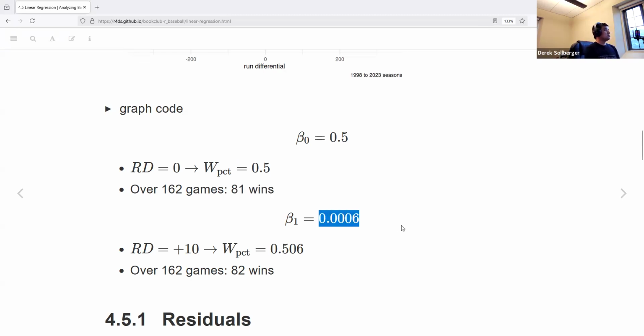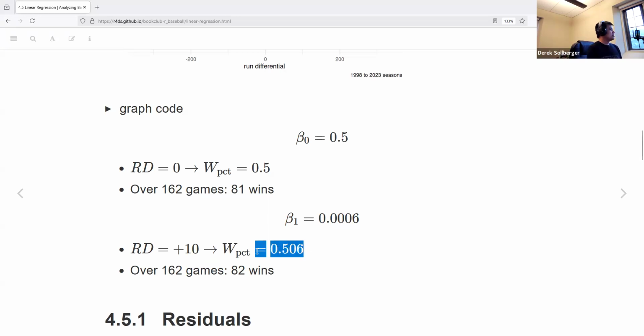Now for the slope, this is the change in win prediction based on a 1 unit increase in run differential. In particular, if we plug in a run differential of positive 10 wins, we are predicting a team to win about 50.6% of the time.